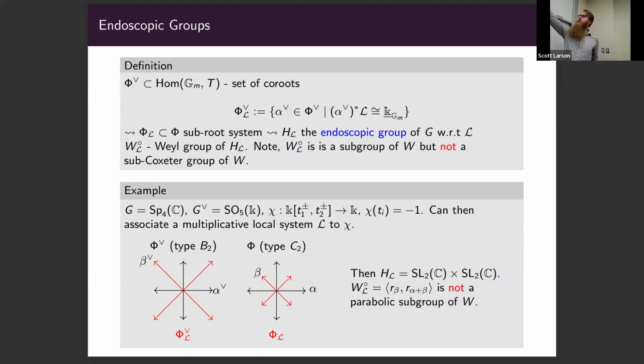We'll denote this with W_L-circ, and W_L-circ is going to be a subgroup of the ambient Weyl group, but it's kind of a weird one, and it's not going to be a parabolic subgroup. It's not going to be a sub-Coxeter group in the sense that there's a length function on W_L-circ from just simple reflections in the Weyl group, but those simple reflections need not be simple in all of W.